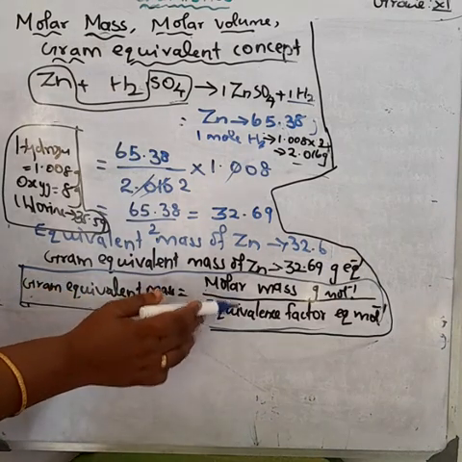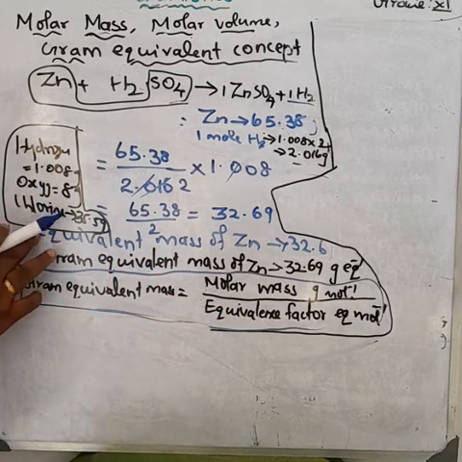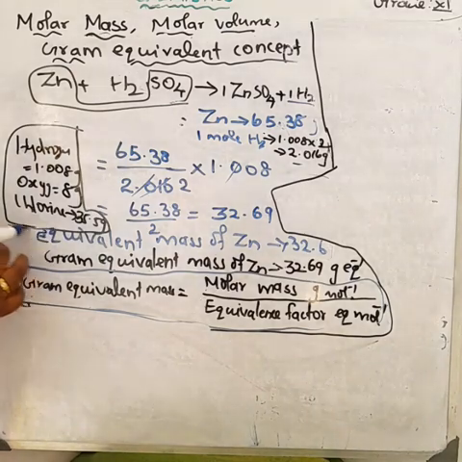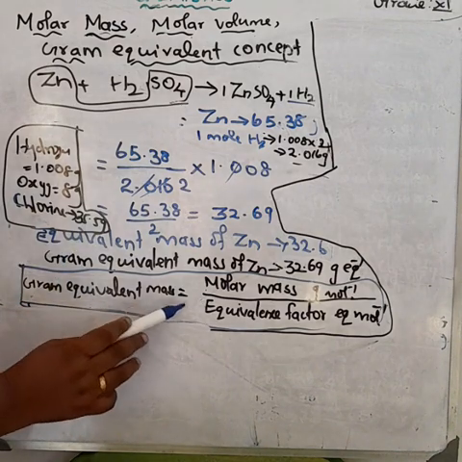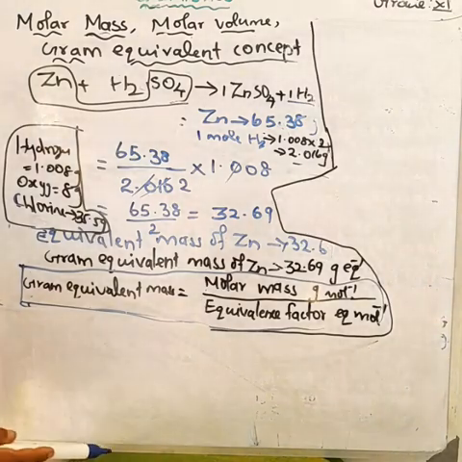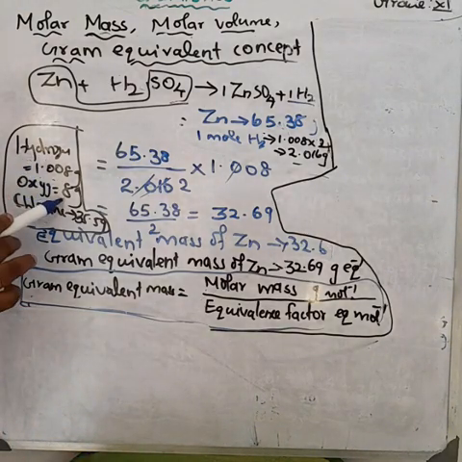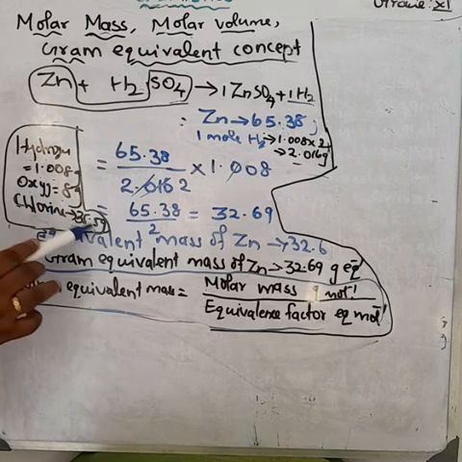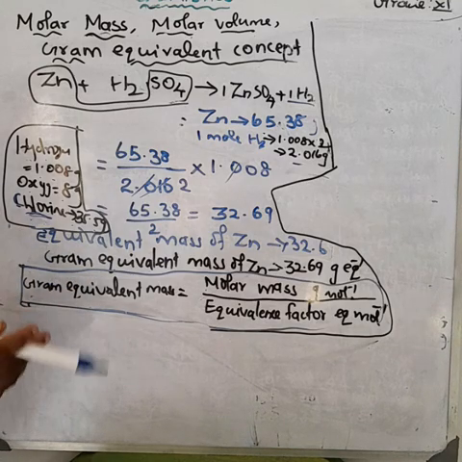The gram equivalent mass common definition is the mass of an element that combines or displaces 1.008 gram hydrogen, or 8 gram oxygen, or 35.5 gram chlorine. This is the common definition, but this expression is different from this definition.